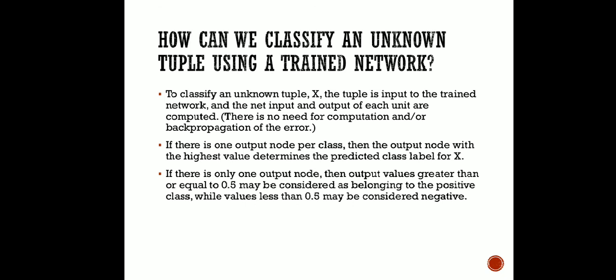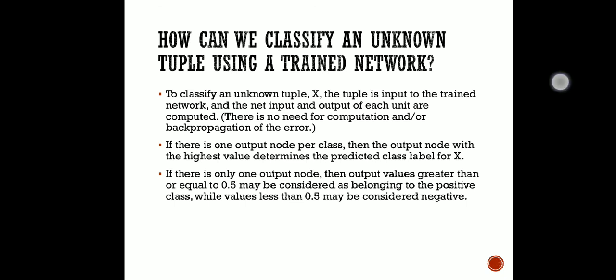Whenever we test for new data, we feed it to the trained network, and it moves from the input layer to the hidden layer, and ultimately the output will be generated. In this fashion it can be used for testing purposes.